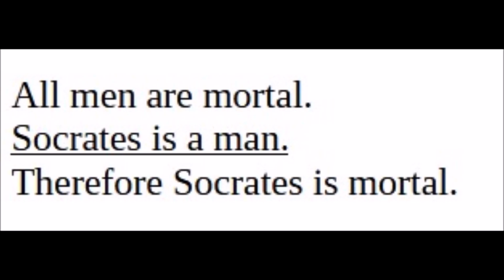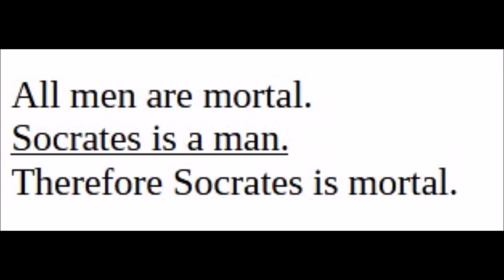Now we will examine the categorical syllogism in standard form and its rules for validity. The categorical syllogism consists of exactly 3 categorical propositions that use exactly 3 terms. In the conclusion of the syllogism, the subject term of the conclusion is the minor term of the syllogism, and its predicate term is the major term of the syllogism.